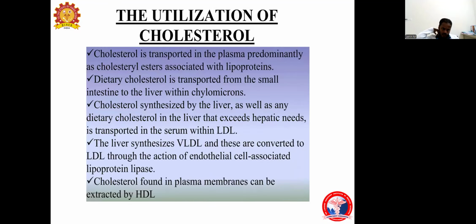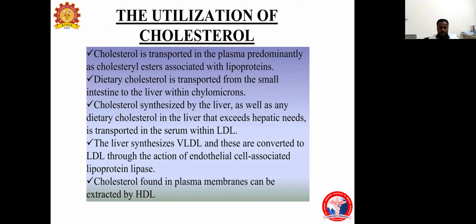Now the utilization of cholesterol, and what the cholesterol is used for. Cholesterol is transported in the plasma predominantly as cholesterol ester, associated with lipoproteins. Dietary cholesterol is transported from the small intestine to the liver with the help of chylomicrons. Cholesterol synthesized by the liver, as well as any dietary cholesterol in the liver that exceeds hepatic needs, is transported in the serum within the LDL.